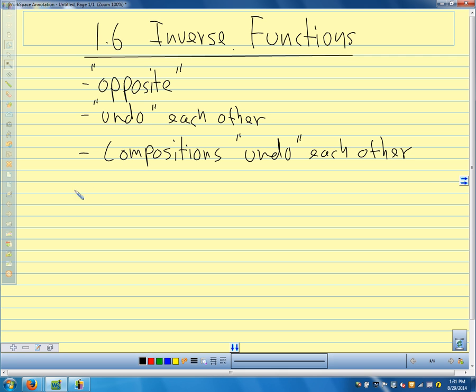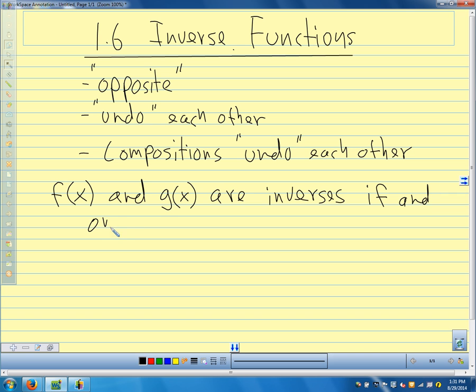We're going to say that f of x and g of x are inverses of each other if and only if, and when we say if and only if, we mean it works both directions.